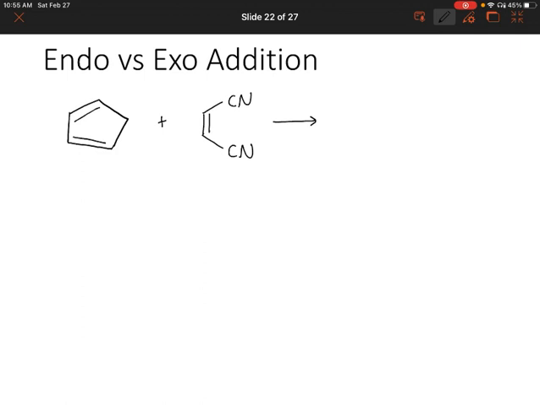Now, remember from last time we talked about how in a Diels Alder reaction we end up forming a boat conformation. So in this reaction, that is similar.